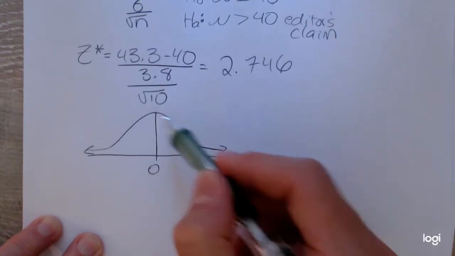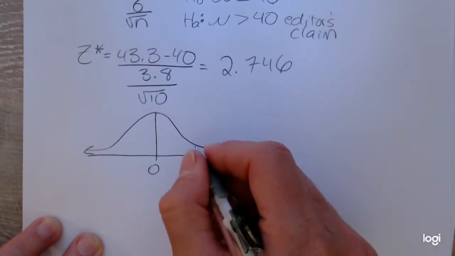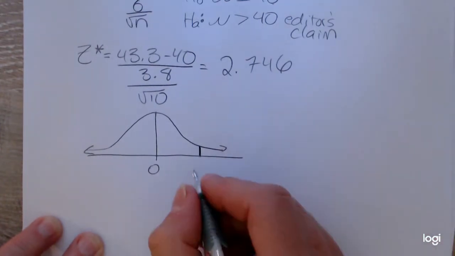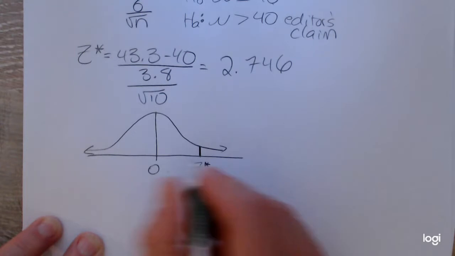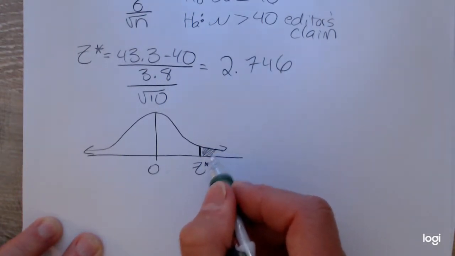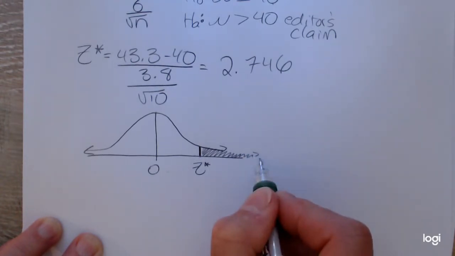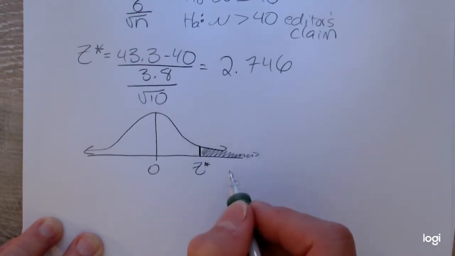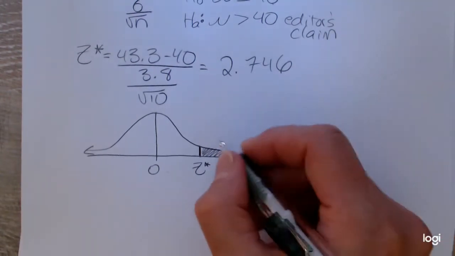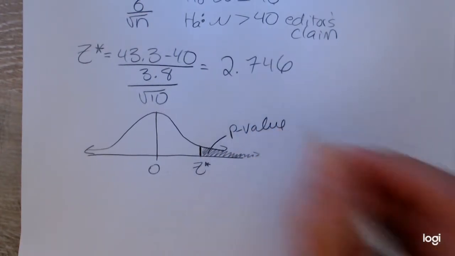So sketching the standard normal distribution and placing my test statistic along the horizontal axis, the p-value is going to be the area further to the right. Because being further to the right, coupled with the fact this is a right-tailed test, indicates the area of extremity. So this area will be our p-value.